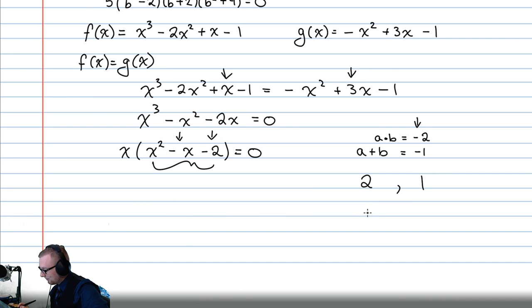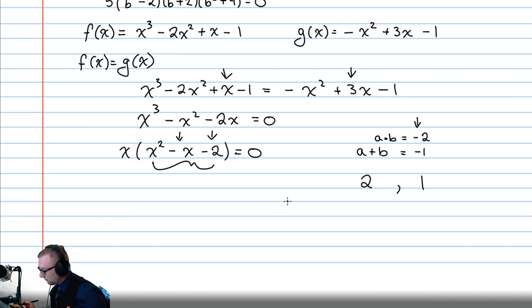They multiply together to give you 2, so we found them. Now we need to find which signs they are. Is it going to be negative 2 and positive 1, or negative 1 and positive 2?